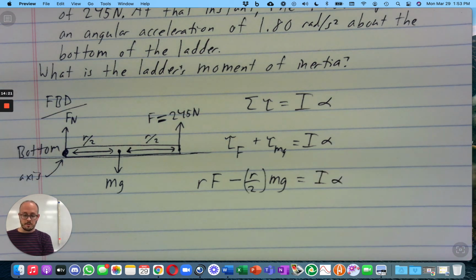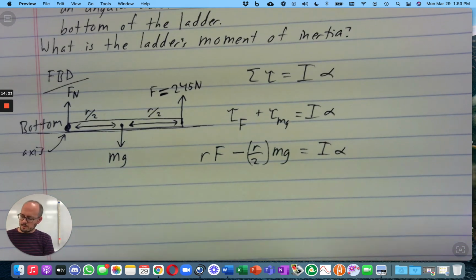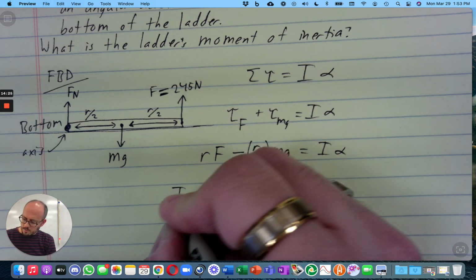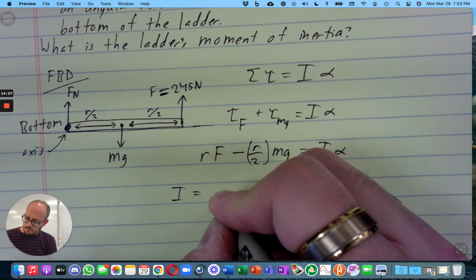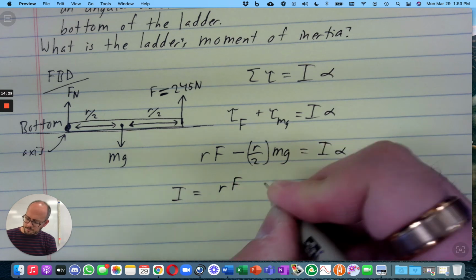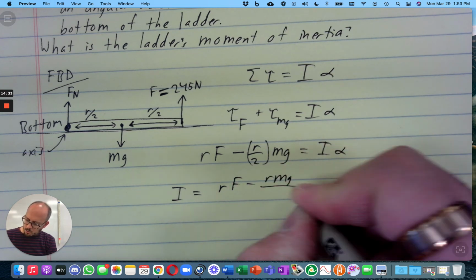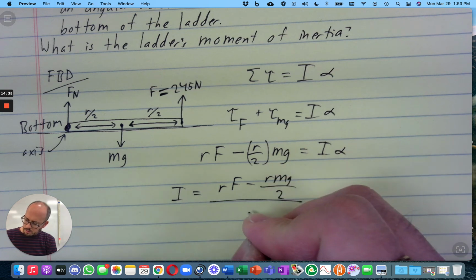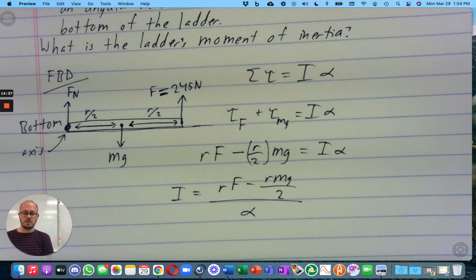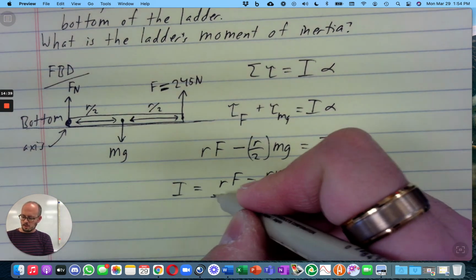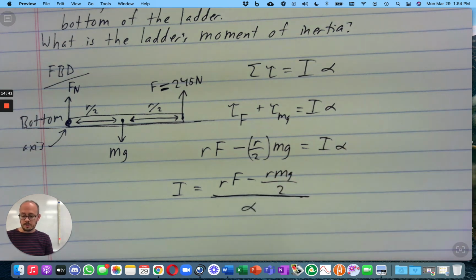And if you want to be really fancy, you can simplify this, and you can say that the value of I is going to be Rf minus Rmg over 2, all over alpha. So if you wanted to plug everything in all at once, you could. If you look at this question in the book, it's in the back of the chapter on torque.